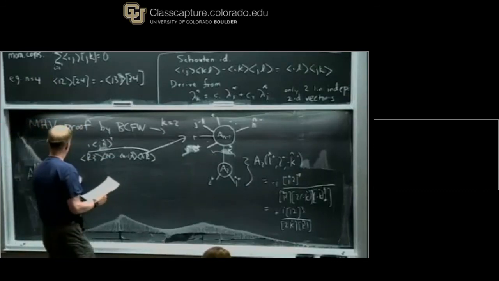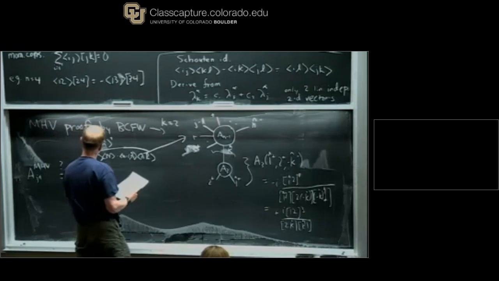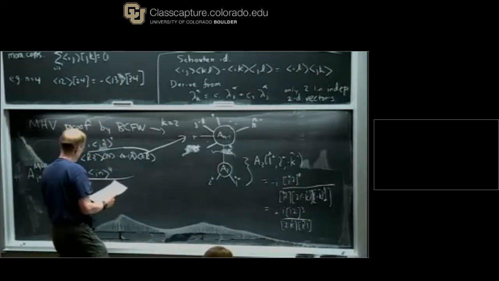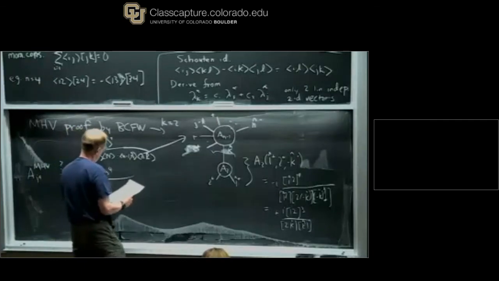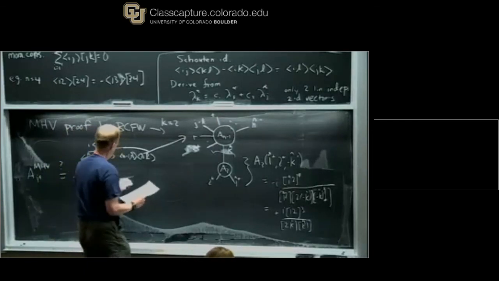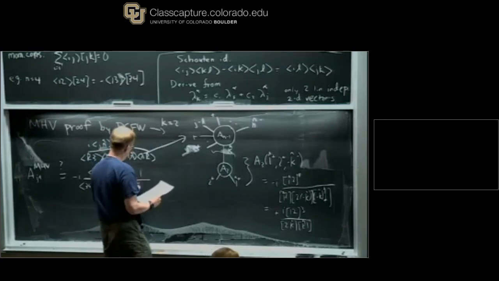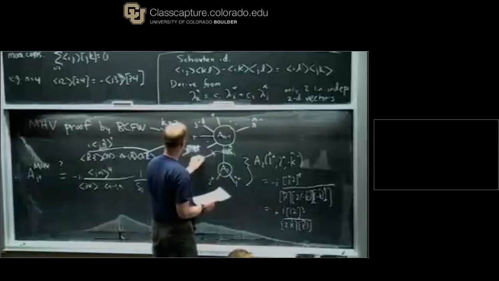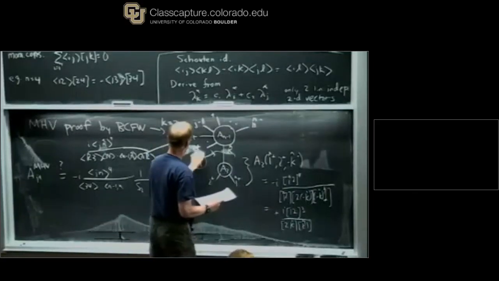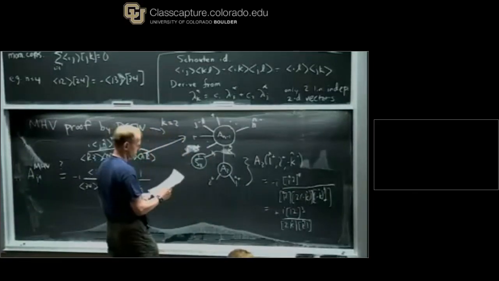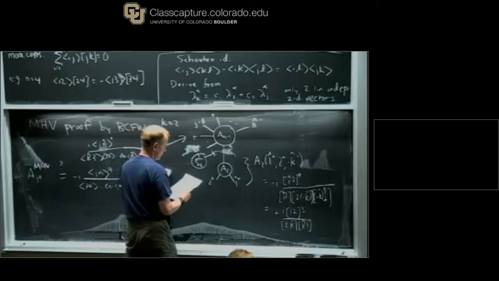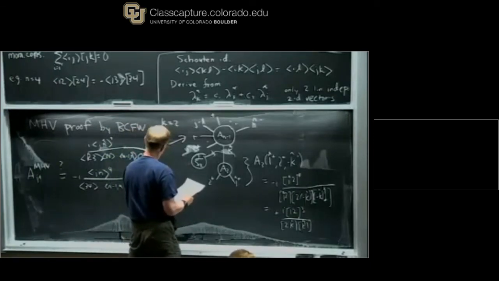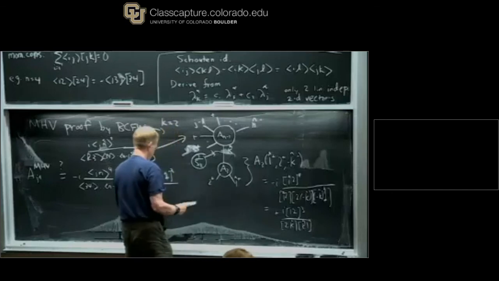So we have this thing we want to show, which is whether the endpoint formula is reproduced by this one BCFW term. So I'm just rewriting this thing here, taking hats off. And then I get a 1 over S12. That's the unshifted pole in the BCFW formula. And then I get this factor over here.